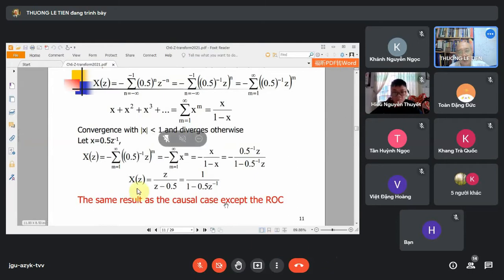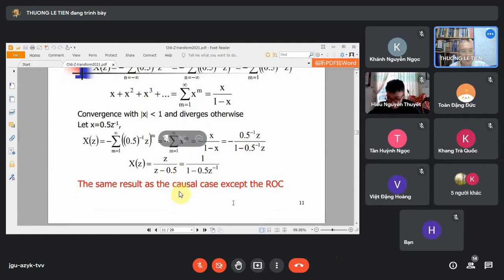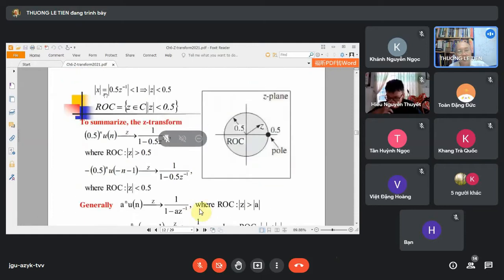This is the case where the magnitude of 0.5 Z power of minus 1 is smaller than 1, or the magnitude of Z is smaller than 0.5, that means inside the circle of radius 0.5.